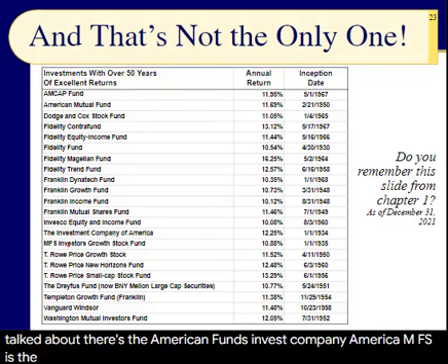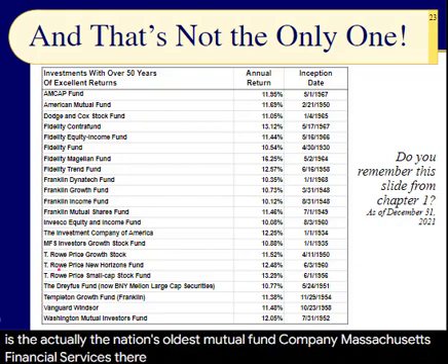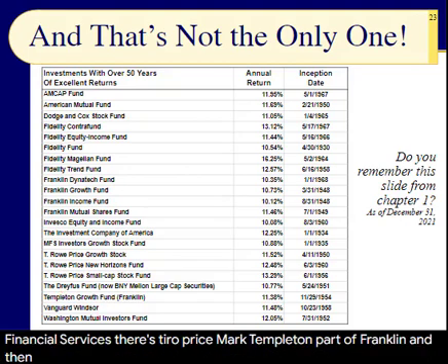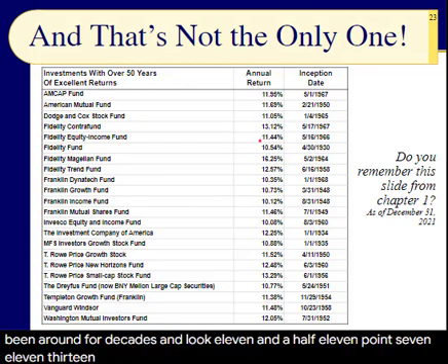MFS is actually the nation's oldest mutual fund company, Massachusetts Financial Services. There's T. Rowe Price. Dreyfus Fund is now owned by Bank of New York. Templeton, part of Franklin, and then Vanguard, and then another American Funds. So these companies have been around for decades. And look: 11 and a half, 11.7, 11, 13, 11.